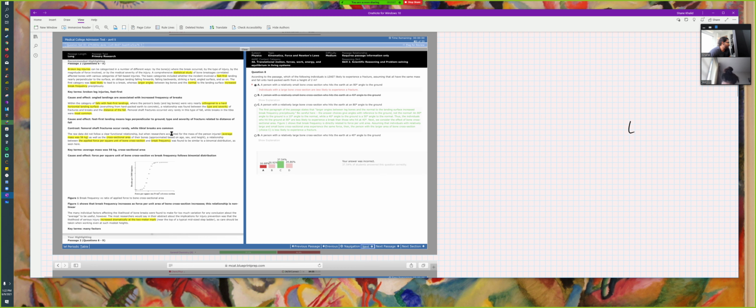So I'm looking at the passage, and I was able to eliminate B and D based on the passage.